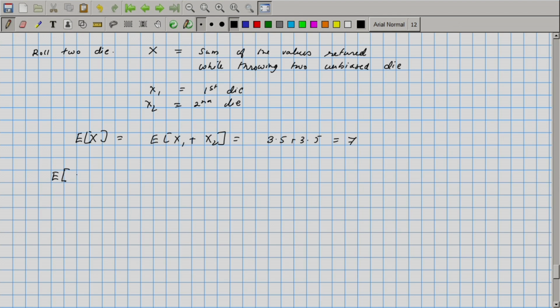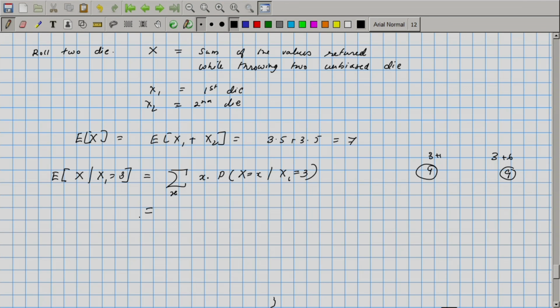We could look at, say, conditional expectation of X given X1 equals 3. By definition, this is going to be the sum over all values that capital X can take, let us denote it by x, times the conditional probability that X is equal to x given X1 equals 3. If X1 equals 3, then the sum can range from 3 plus 1 to 3 plus 6, from 4 to 9. All the other values happen with 0 probability.